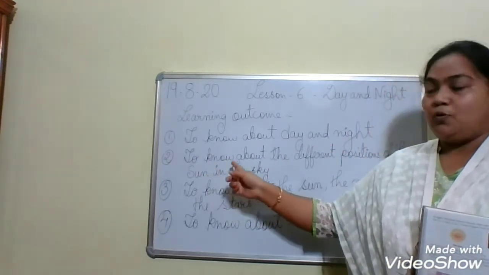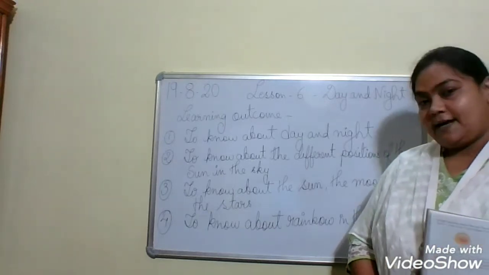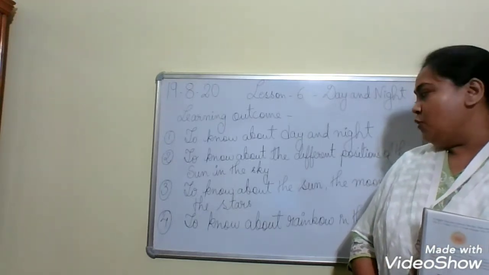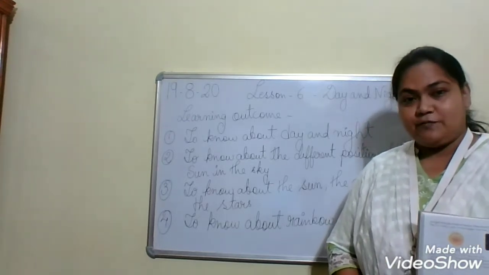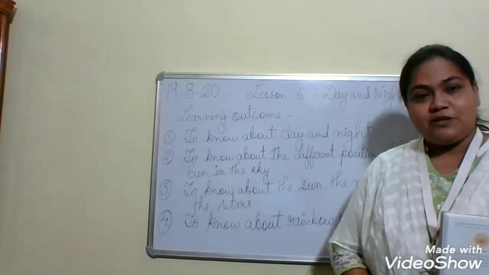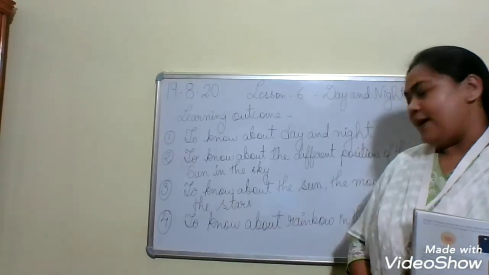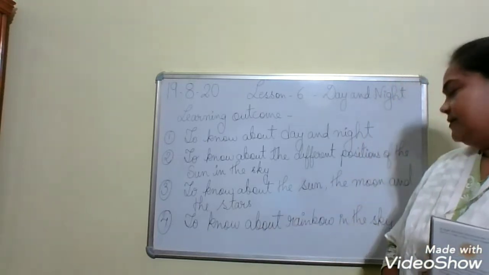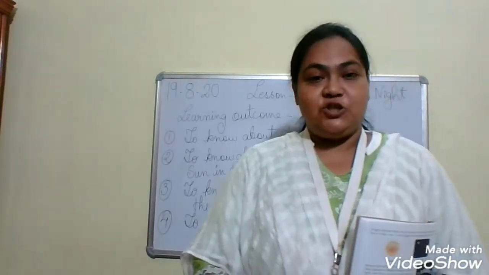Number 2, to know about the different positions of the sun in the sky. Third, to know about the sun, the moon and the stars, all the heavenly bodies. And lastly, it's very interesting children, I think you all love to see a rainbow. Yes, to know about the rainbow in the sky. These are the things you are going to learn from the chapter.